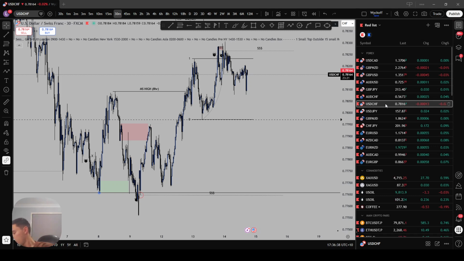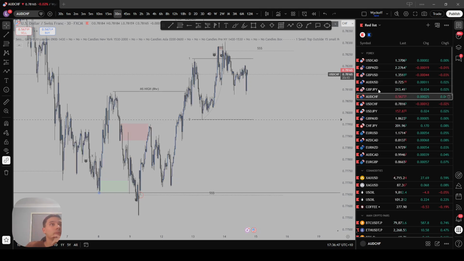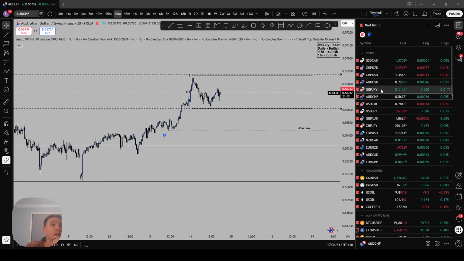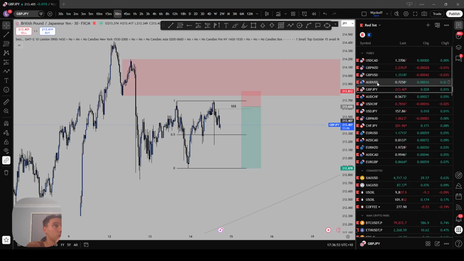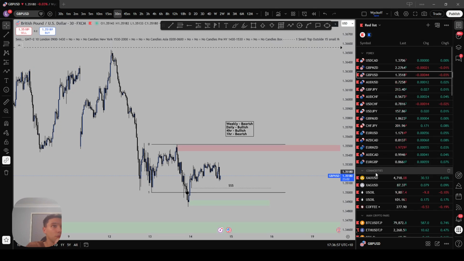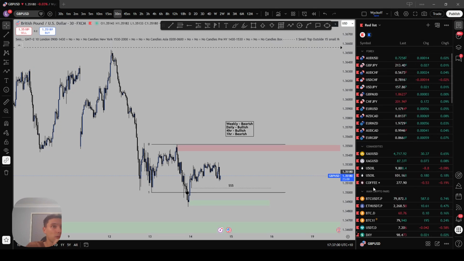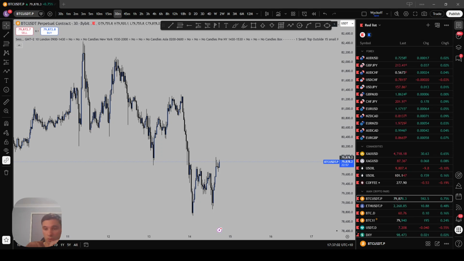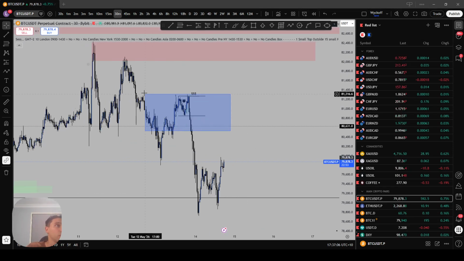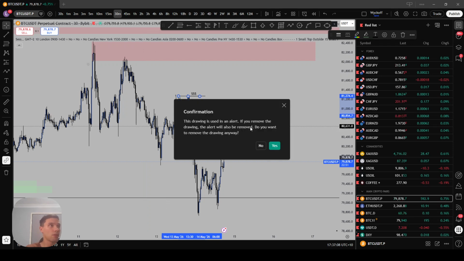Give me a second. All right. Yeah, so these pairs, really, really monitor them. We'll see what happens. Let's touch on Bitcoin real quick. This is now invalidated.